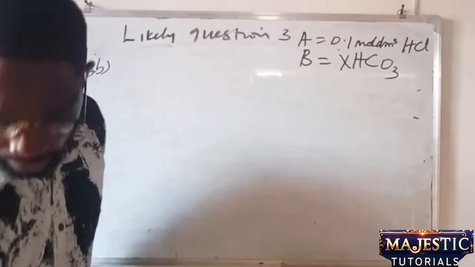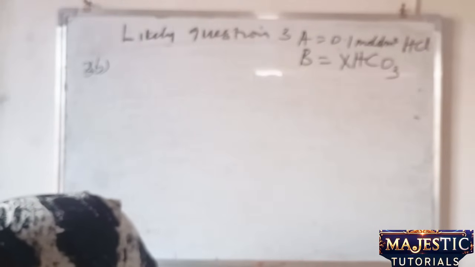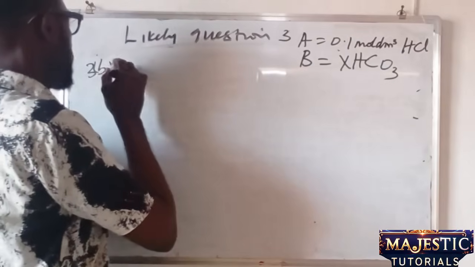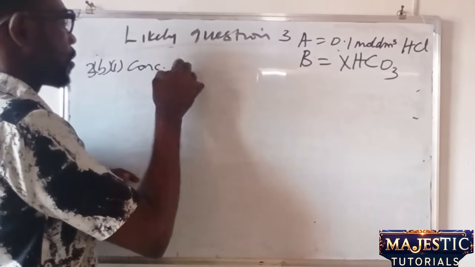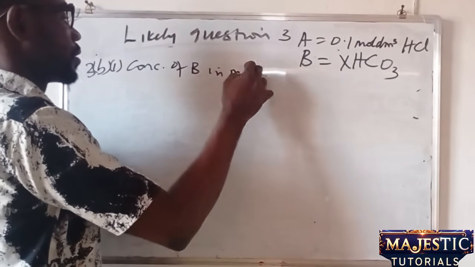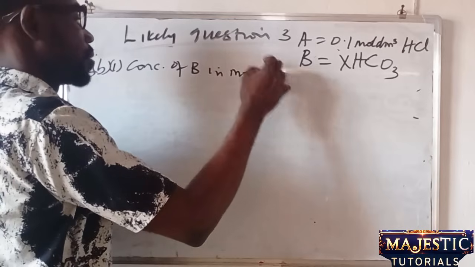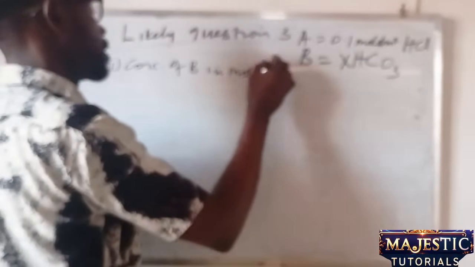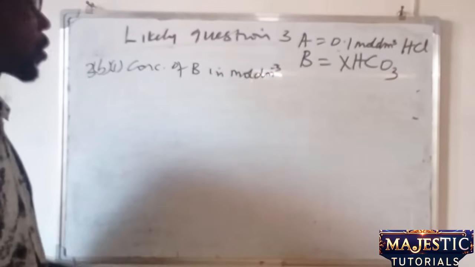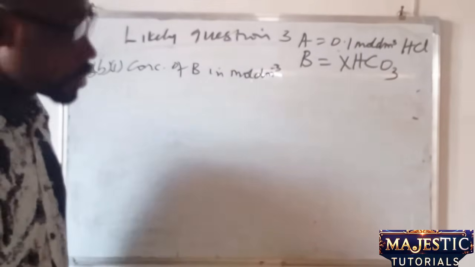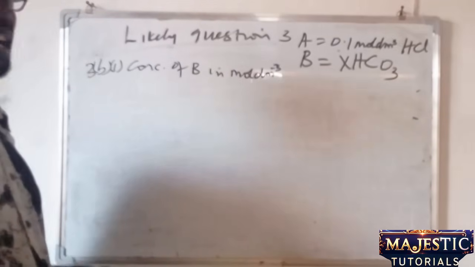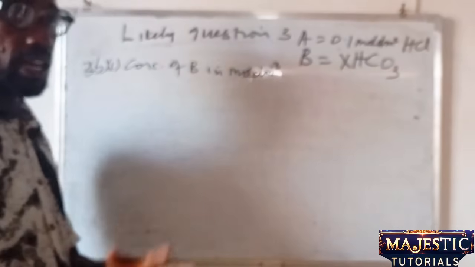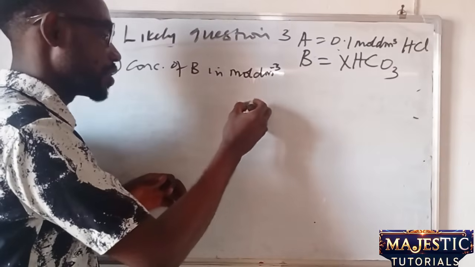So 3BI says, from your information, calculate the concentration of B in mole per dm³. Is that clear? Looking at the information provided, when they ask you for concentration, you reconsider using two formulas, which are the ones I gave you in the beginning.